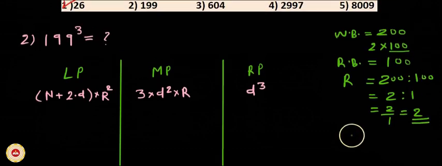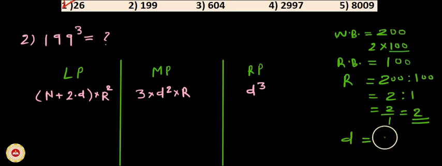Now what is deviation? To calculate deviation, subtract the nearest base, working base, from the given number 199. So 199 minus 200 is -1. Remember friends, working bases are also called sub-bases.